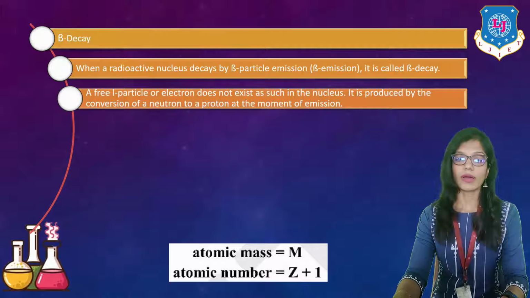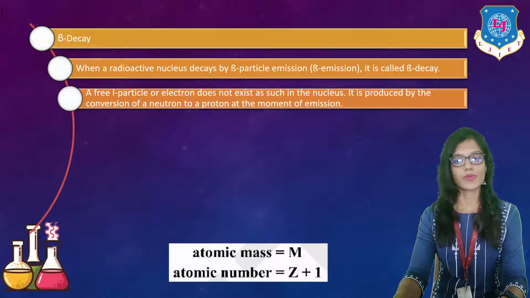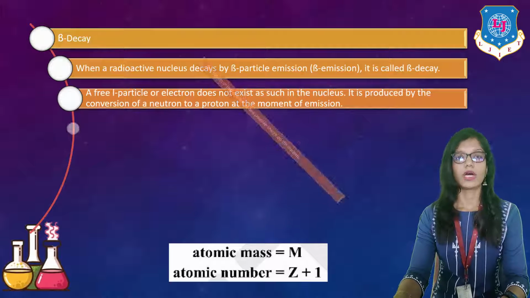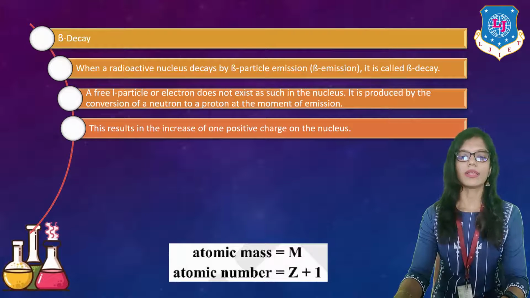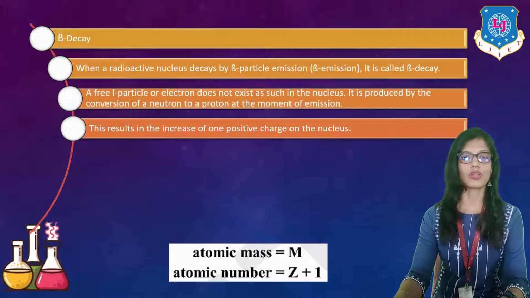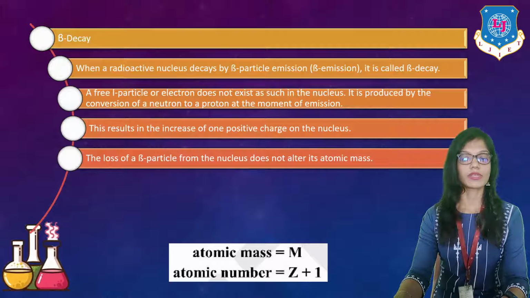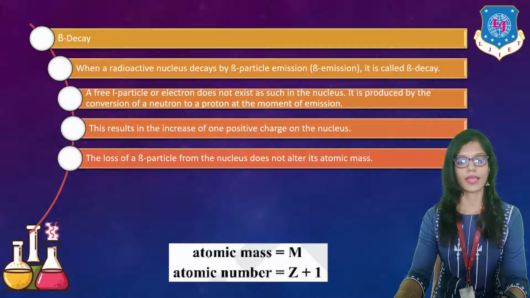Here a free electron does not exist as such in the nucleus, and it is produced by the conversion of a neutron to a proton at the moment of emission. Now this results in the increase of one positive charge on the nucleus. So the loss of beta particle from the nucleus does not alter its atomic mass.